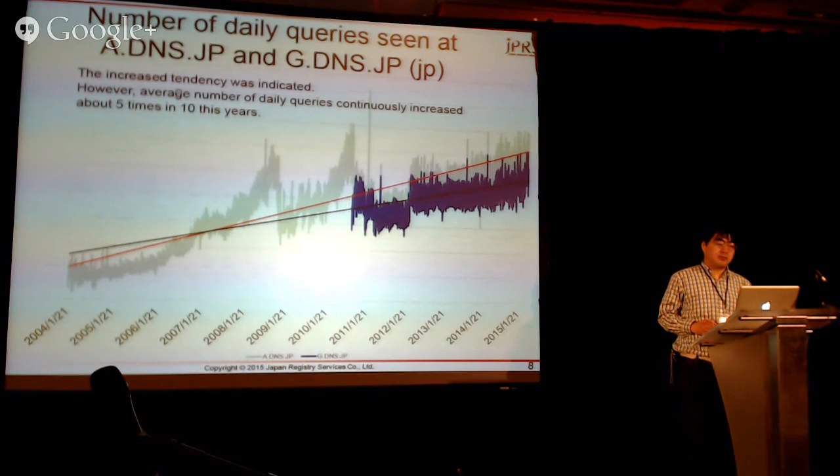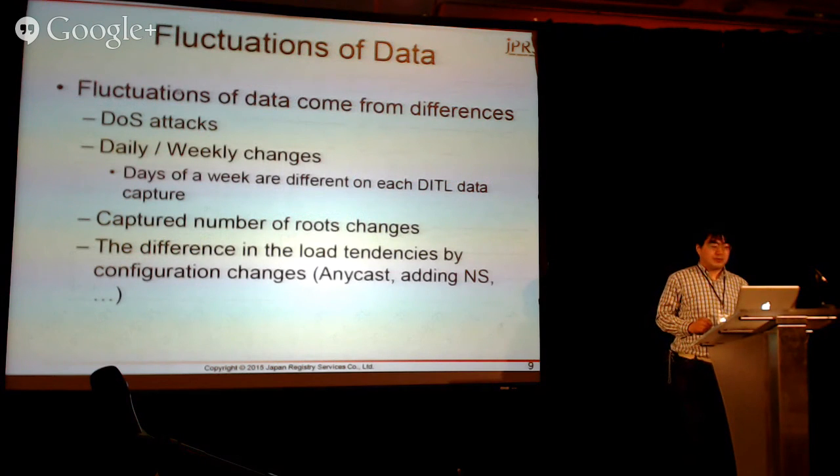And this graph shows the number of daily queries seen at A.DNS.JP and G.DNS.JP. This graph shows that an increasing tendency was indicated. However, the average number of daily queries continuously increased about 5 times in these 10 years, I think. And there are fluctuations in the data. The fluctuations come from differences, for example, DDoS attacks and daily and weekly changes.